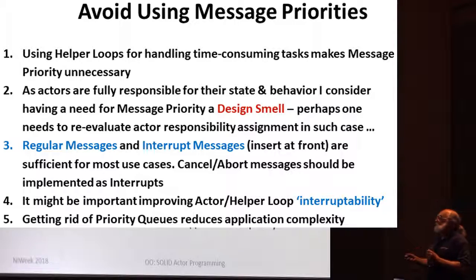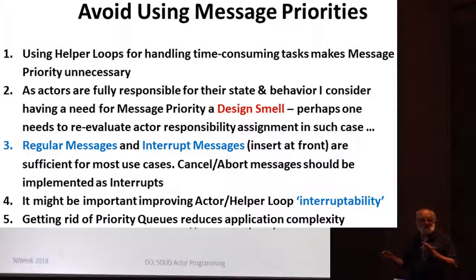The second one, even more important, is that actors themselves are responsible for their state and their behavior. And a caller, by setting a priority on a message, tries to interfere in the responsibilities of the actor. So don't allow callers to set priorities on the message.